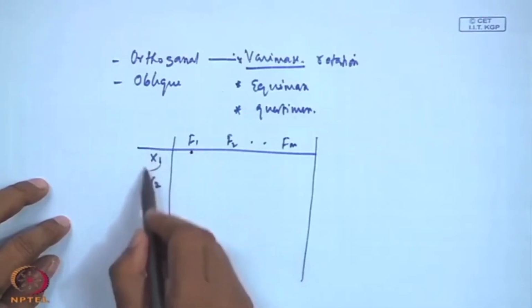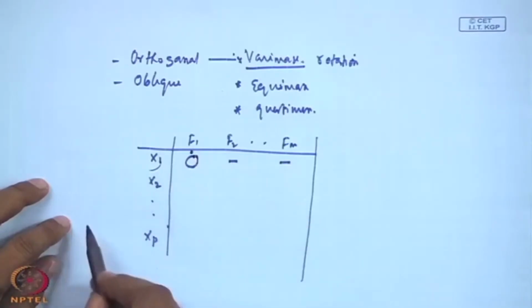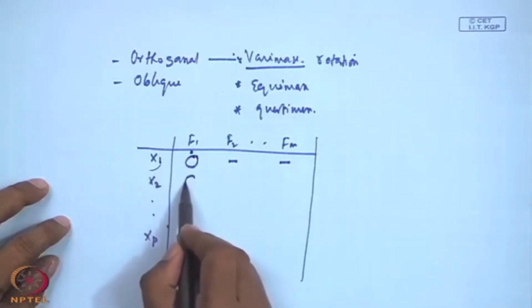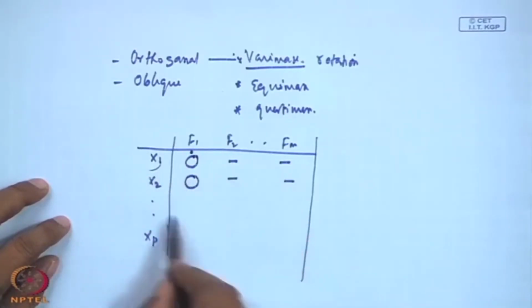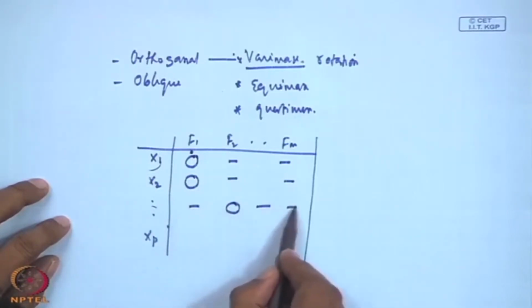Suppose x1 is loaded with this factor, let it be, but in all other cases it is 0. Similarly, if x2 is loaded with F1, fine, all other cases will be 0, but some other variable can be loaded here, and everything else will be 0.